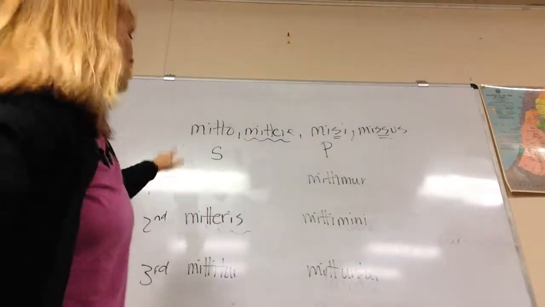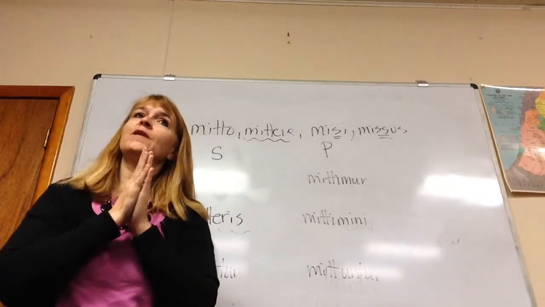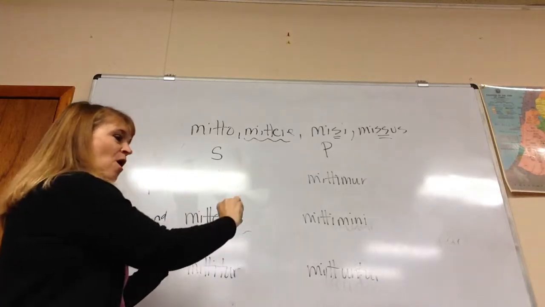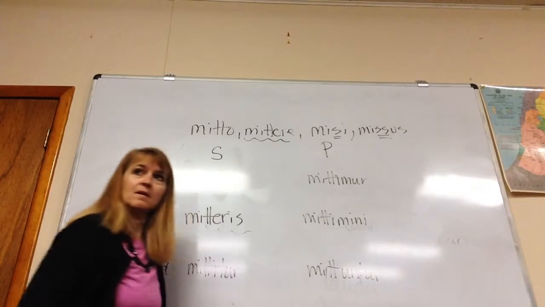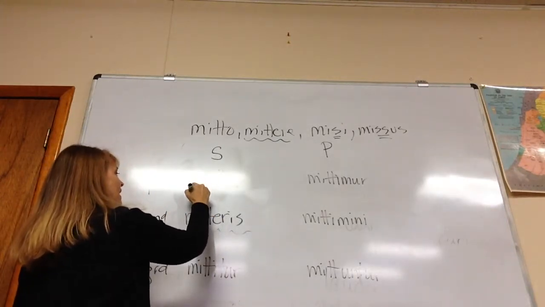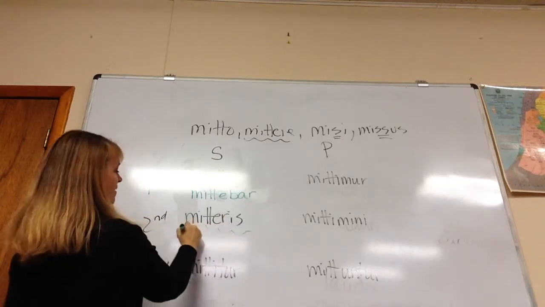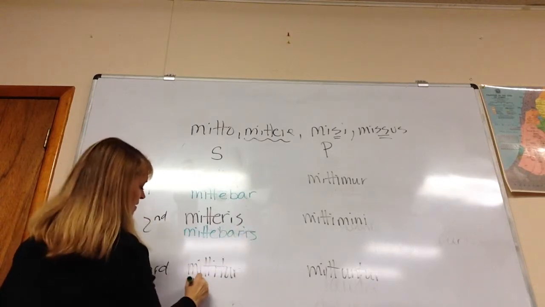Now, did you already do the imperfect? Okay, what is your stem vowel? This is a really important question for the imperfect third conjugation. Before you put bar, what's the stem vowel going to be? Say it loud. E. Okay, so it's mittebar, mittebaris.